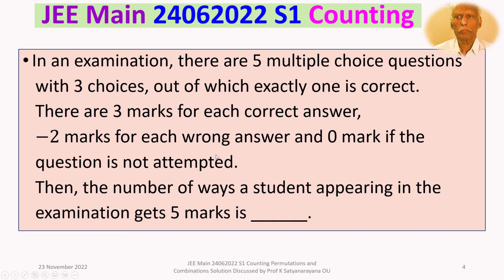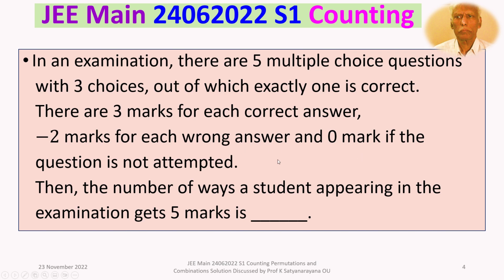In an examination, there are 5 multiple choice questions, and each question has 3 choices. Out of these 3 choices, only 1 is the correct choice. There are 3 marks for each correct answer and -2 marks are awarded for each wrong answer.